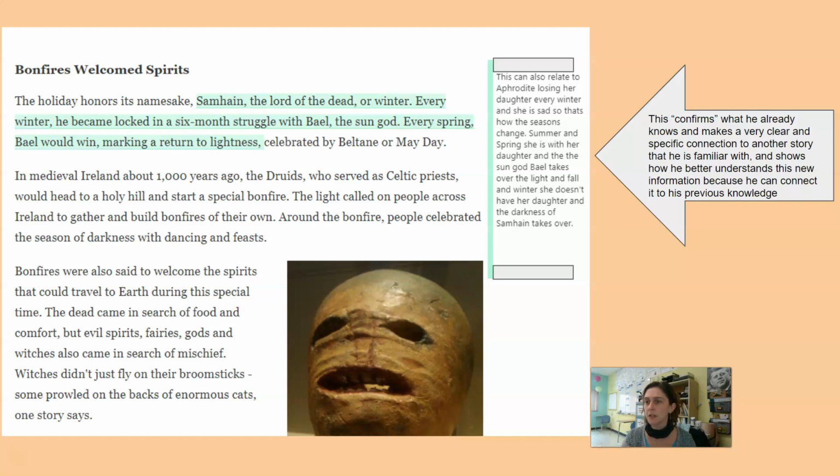So he's making those connections and showing here, okay, he better understands this new information because he can connect it to something he already knows. So when we talk about better understanding what we read, that's one of the ways we do it. We connect it to something we already know. So this was a great observation.